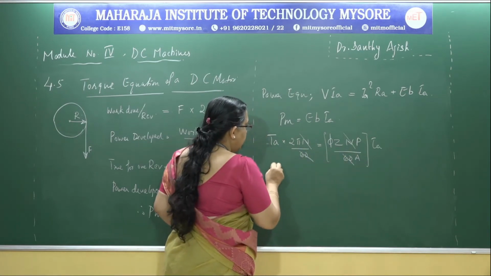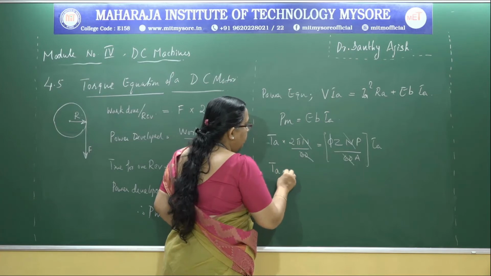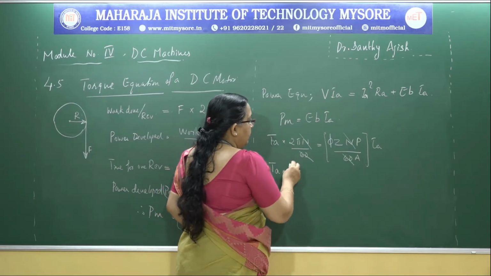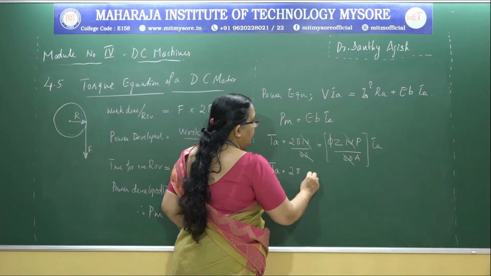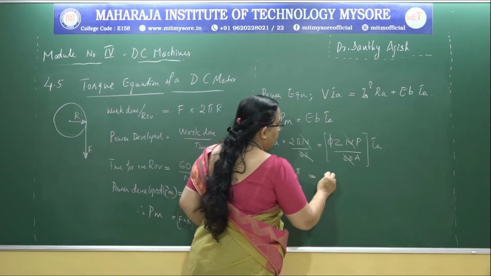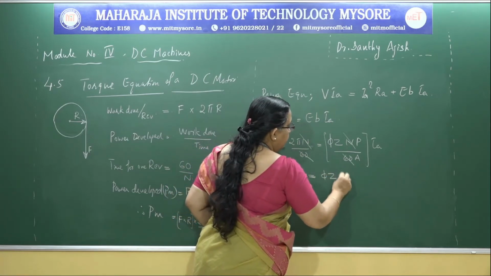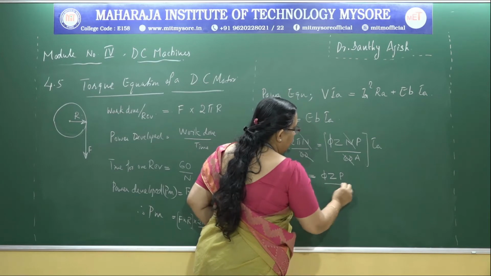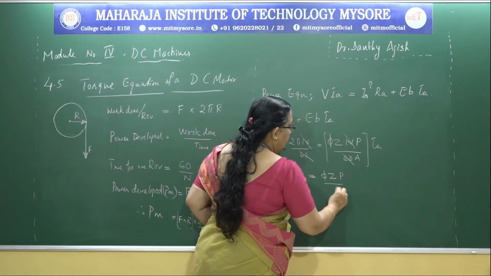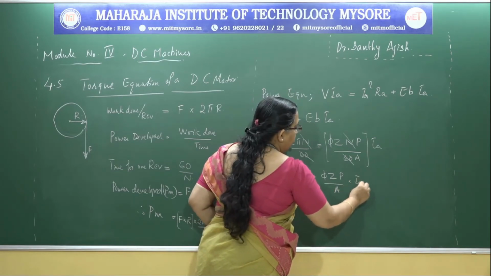So if we rewrite torque, TA into 2 pi equals phi Z P divided by A into Ia.